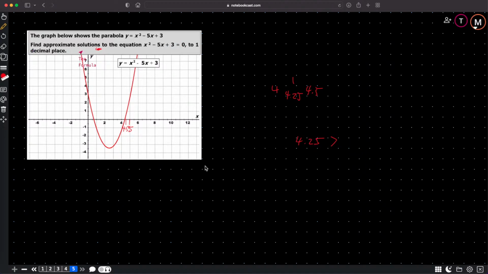Yeah, so for one of them, an x is going to... Wait, have I got this the wrong way? Yeah, that's right. Greater than 4.25 and less than 4.5, I would say. No, the inequalities are the wrong way around. So x is more than 4.25 and less than 4.5, and I think we'll accept answers in that region.